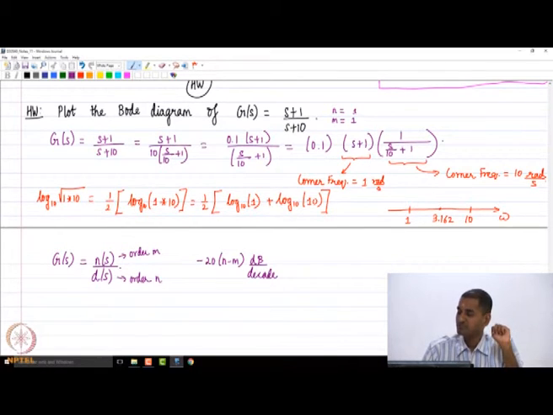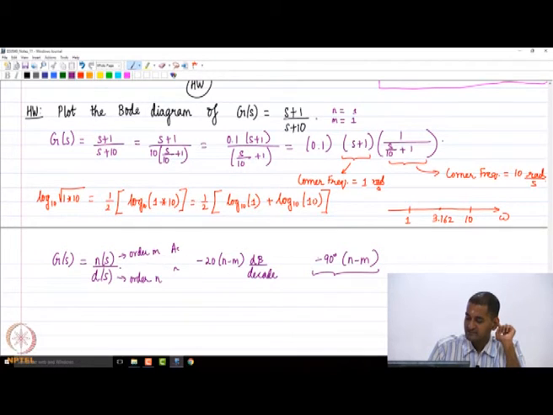And what can you say about its phase as omega tends to infinity? What is going to happen for a minimum phase transfer function? You remember the phase tends to minus 90 times n minus m, right. So these are the results as omega tends to infinity.